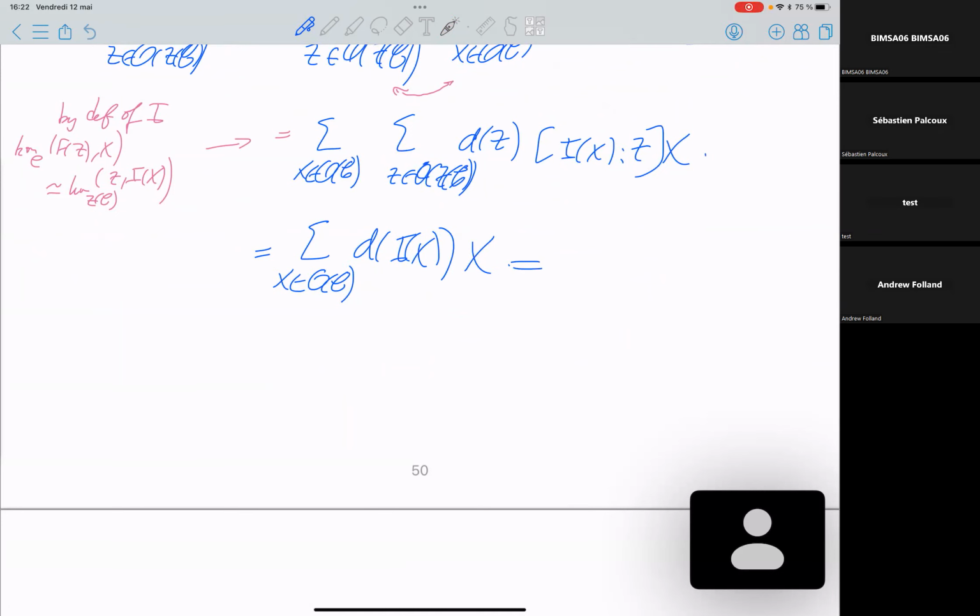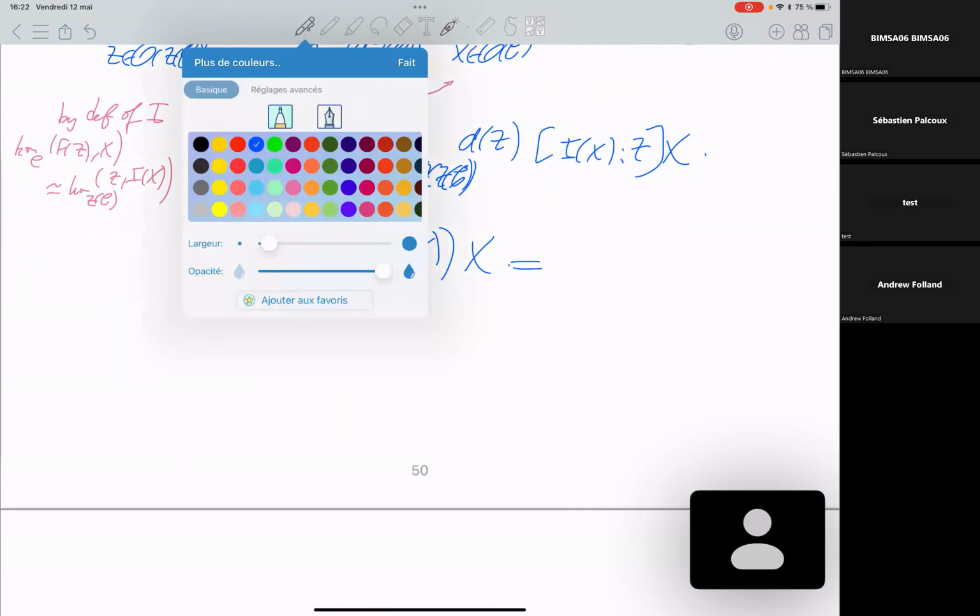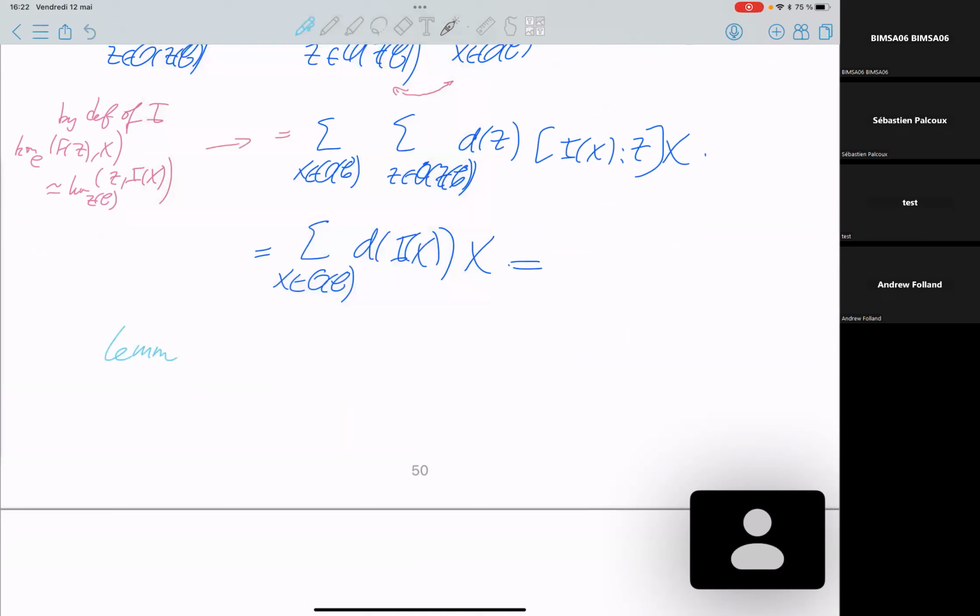And for that, we will need to state a lemma. Some intermediate lemma. Lemma: the dimension of I(X) equals the categorical dimension of C times the dimension of X. And proof.